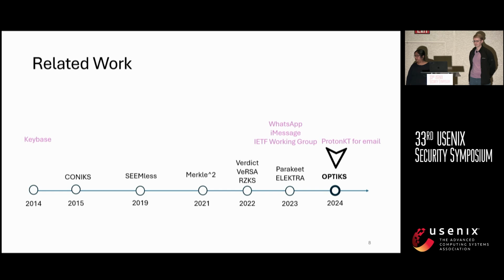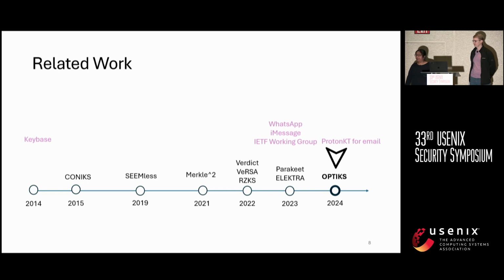So the privacy requirement was slightly different. Since then, there has been a long line of work in industry and also in academia. There's also an IETF working group that's trying to standardize a transparency protocol. And today we are going to talk about OPTIKS, which is yet another key transparency system.